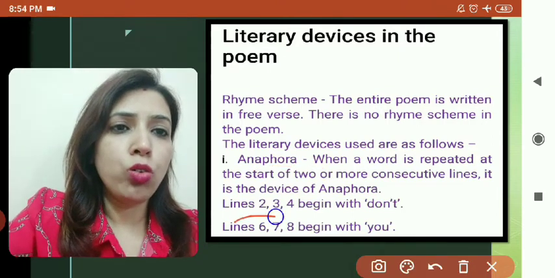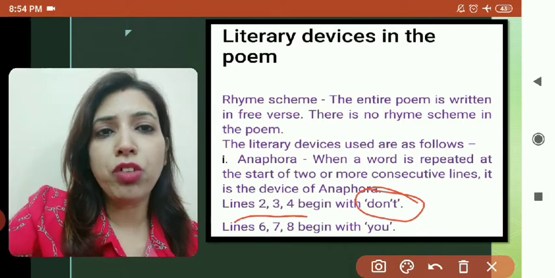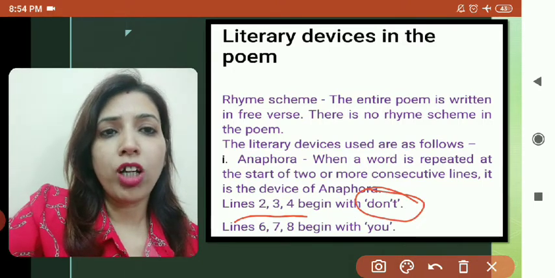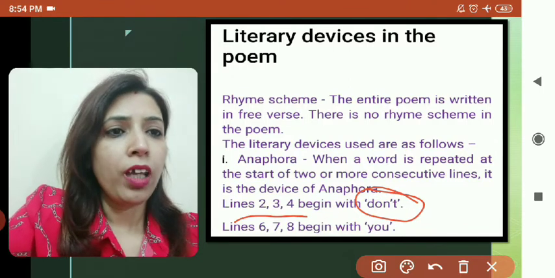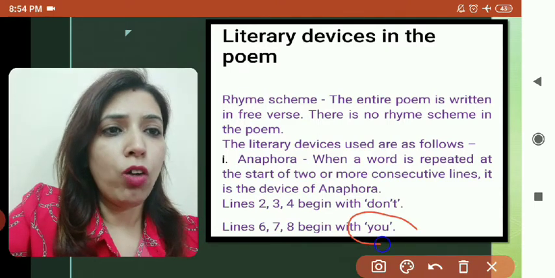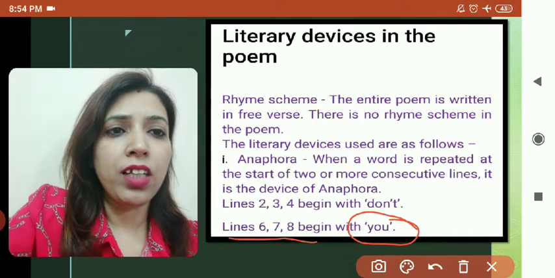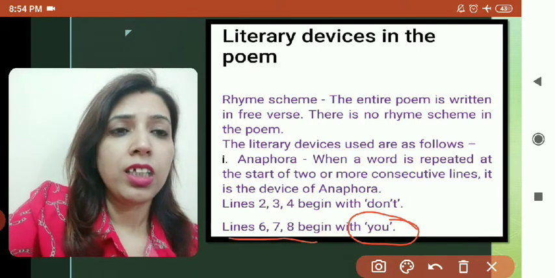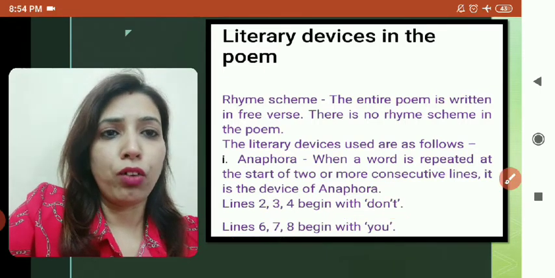In lines 2, 3 and 4, we find that the word "don't" is repeated. Another anaphora is the word "you": in lines 6, 7 and 8 you will find that this word is repeated. So this is the poetic device anaphora.